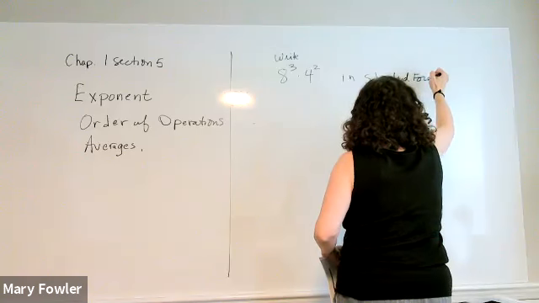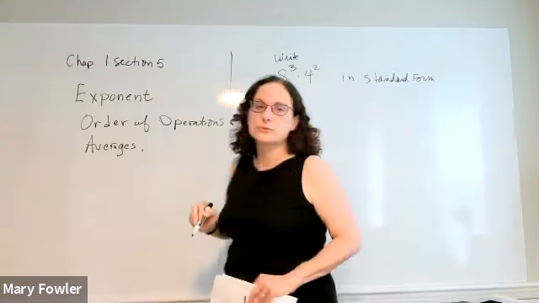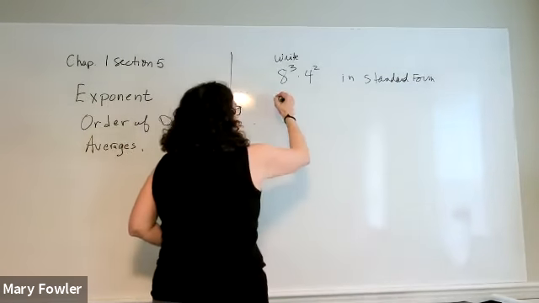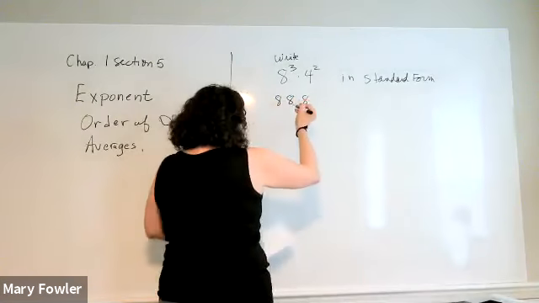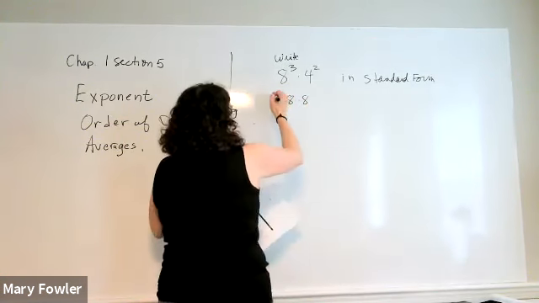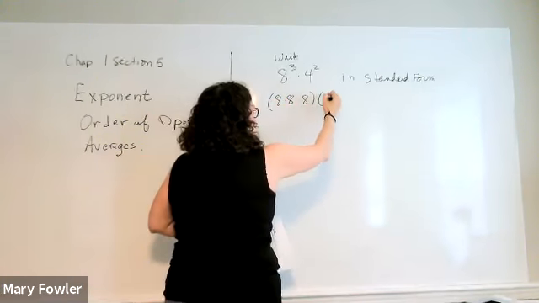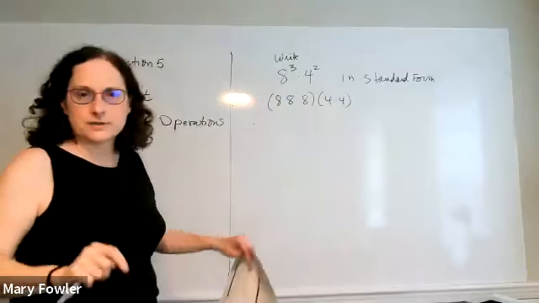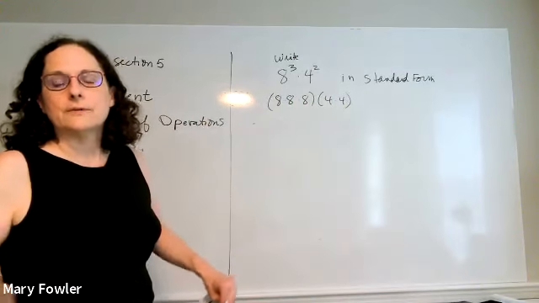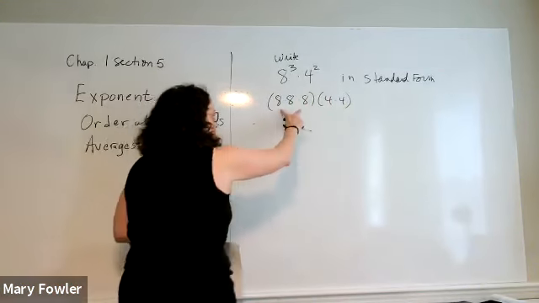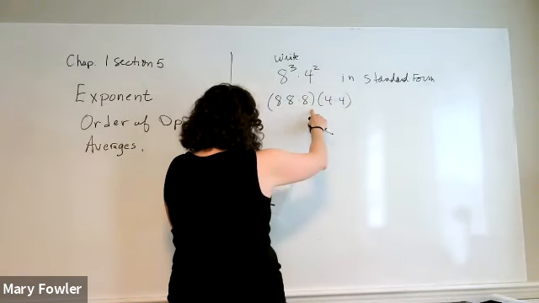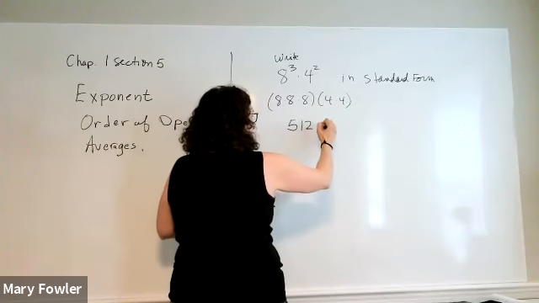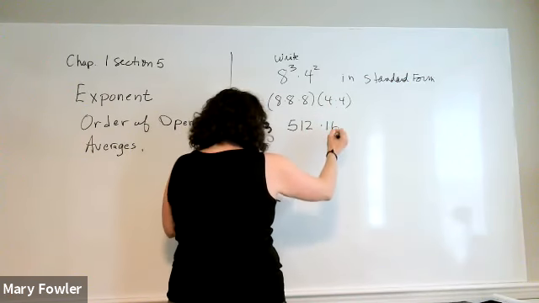And standard form is our regular form for writing numbers, using what we normally do with place value and all. So this is 8 times 8 times 8, and we'll think about that as a unit, and 4 times 4 as another unit. Okay, and then you guys can pause the video and fill in the multiplication here, but figure out what 8 times 8 times 8 is. 512, and 4 times 4 is 16.